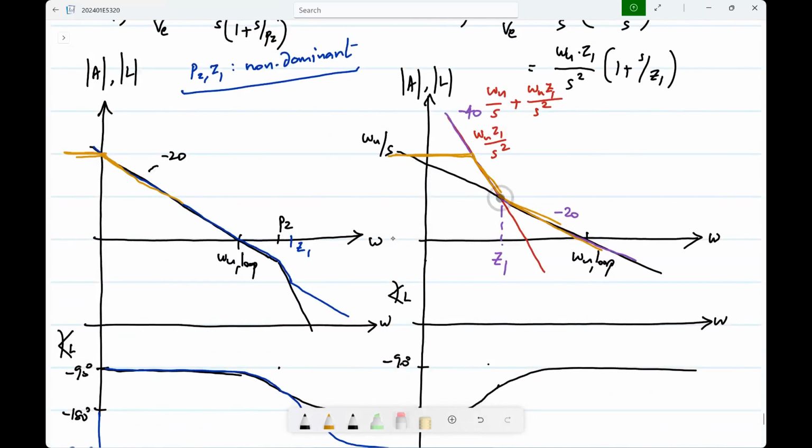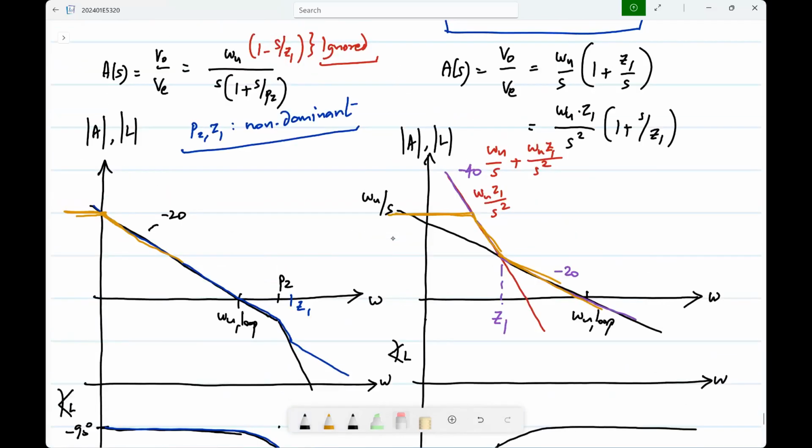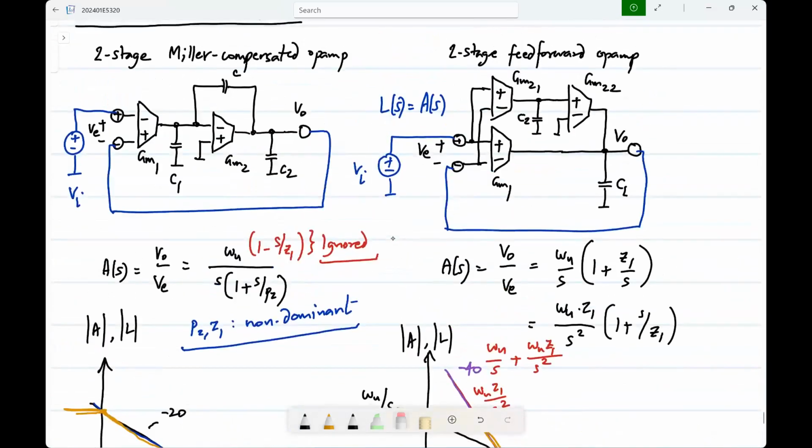Whereas this one will start with minus 60 dB per decade, then minus 40, minus 20. So it goes to very high loop gains in some range of frequencies. Of course, the closer you go to omega u, it becomes nearly the same. So in that sense, the feed forward op amp is better. Now there is also another case which I'll just mention, which you may or may not appreciate immediately.